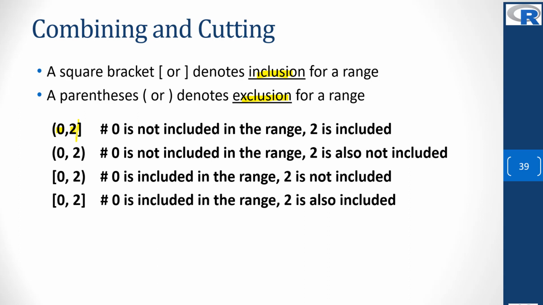So 2 is included, but 0 is excluded from it. In this example, both 0 and 2 are excluded from the range. So it would be any number between 0 and 2, but not including those values. Here we have 0 is included and 2 is excluded based on the parentheses. And here we have the inclusive range of 0 and 2, both included, as well as anything in between those values. So let's look at how we would do this in a more complex example.